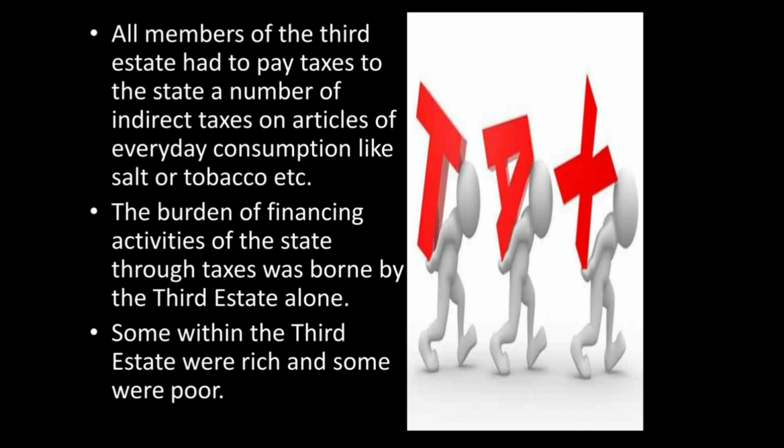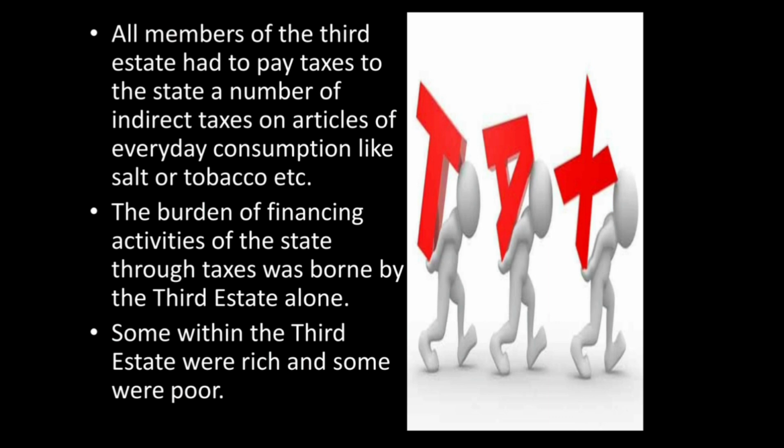That means that all the members of the third state had to pay taxes to the state, including a number of indirect taxes on articles of everyday consumption like salt or tobacco. The third state people had to pay tax on their daily essentials also, whereas the first and second state people were exempted from all forms of taxes. So, the burden of financing the activities of the state through taxes was borne by the third state alone.